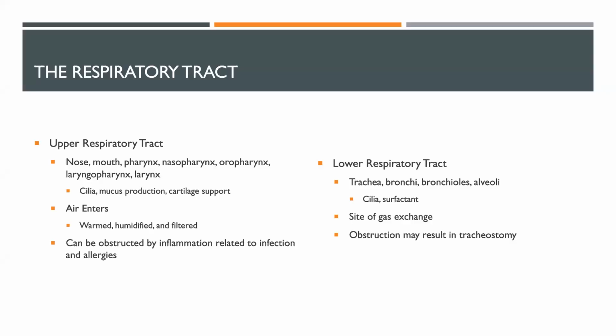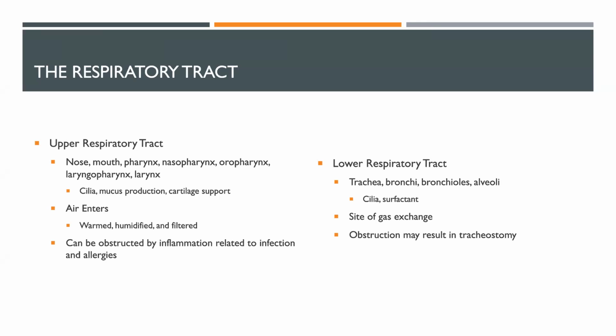The respiratory tract contains a lower and an upper portion. The upper portion contains the nose, the mouth, the pharynx, the nasopharynx, the oropharynx, the laryngopharynx, and the larynx. These structures contain cilia, which are tiny hair-like structures that help to move dangerous particles out of the body so that they're not breathed in through the respiratory system.